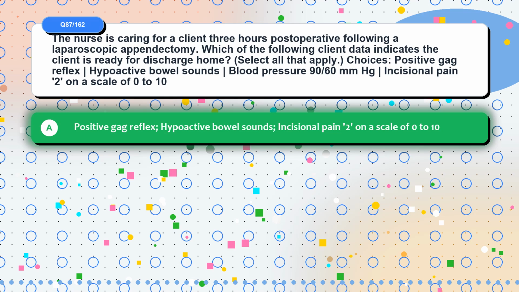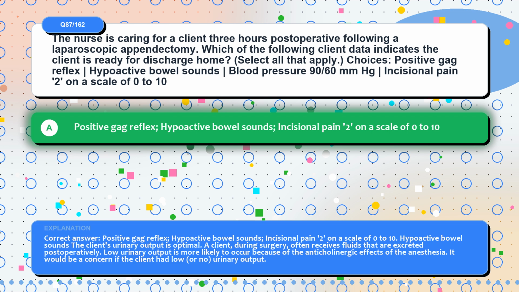The correct answer is option A, positive gag reflex, hypoactive bowel sounds, incisional pain 2 on a scale of 0 to 10.